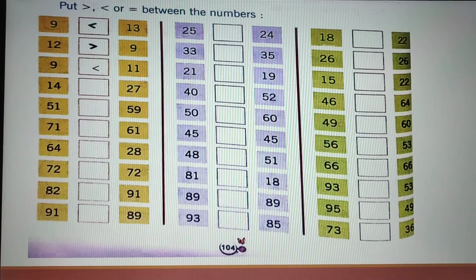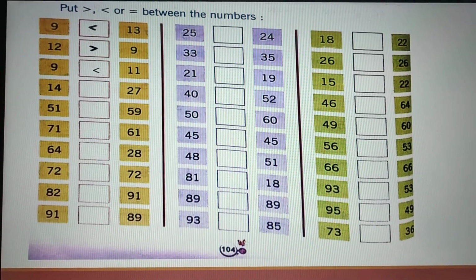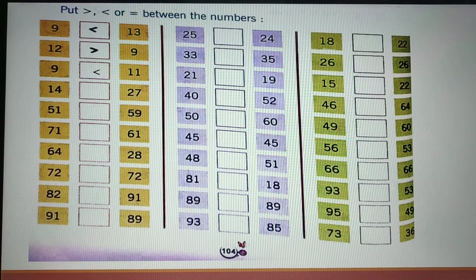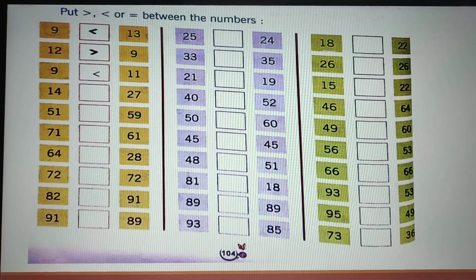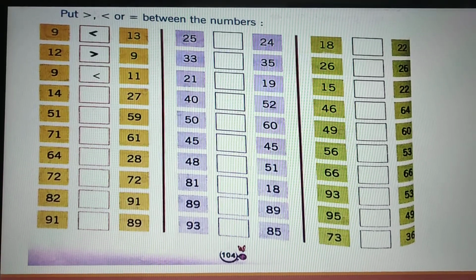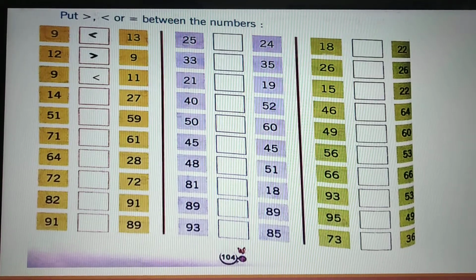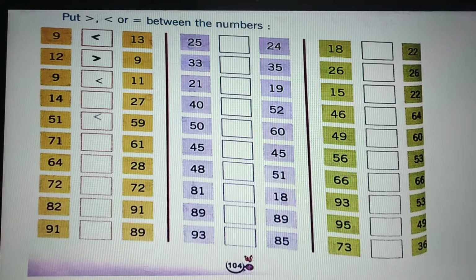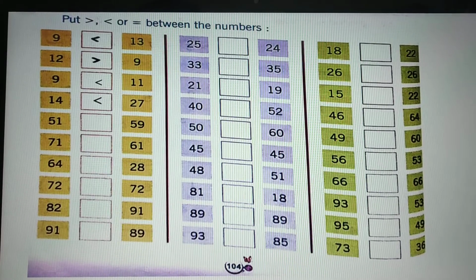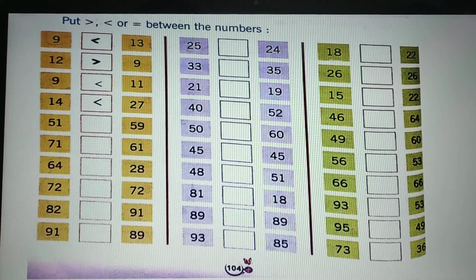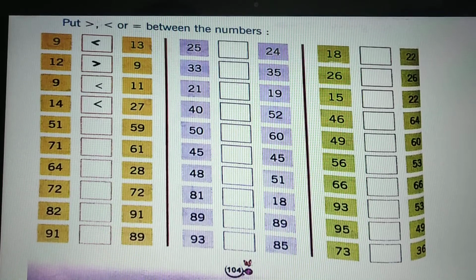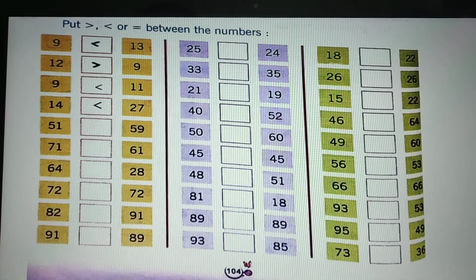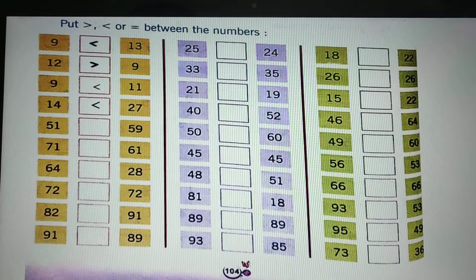Similarly, look at next question. 14 dash 27. Both are two digits, but in 14, 1 tens, and in 27, 2 tens. So which is bigger? So we say 14 is less than 27. Always the crocodile's mouth opens towards bigger number.